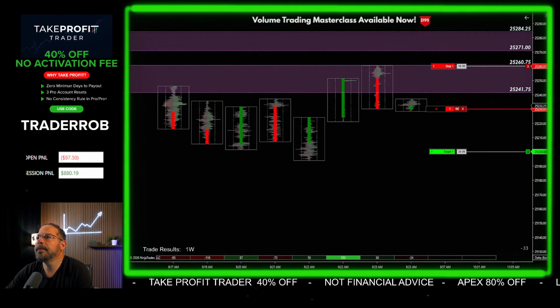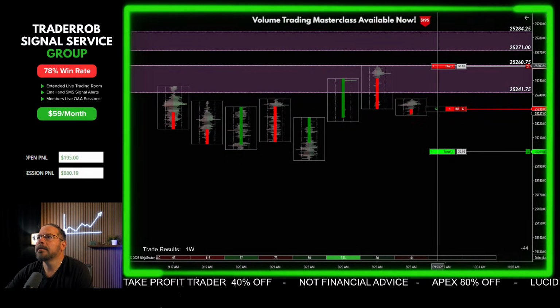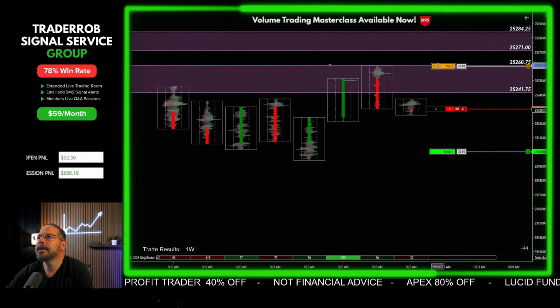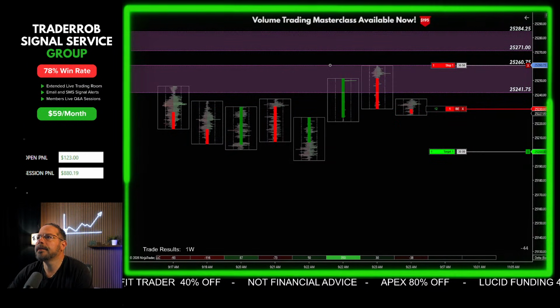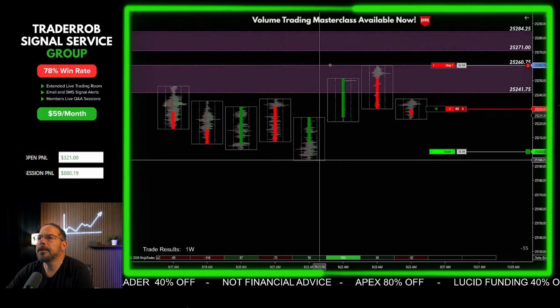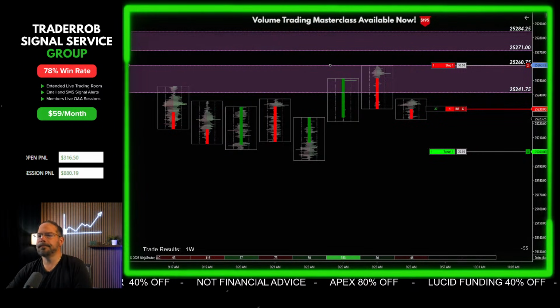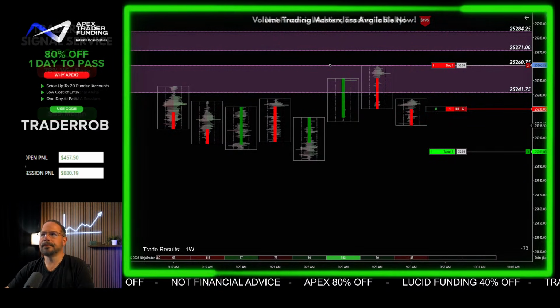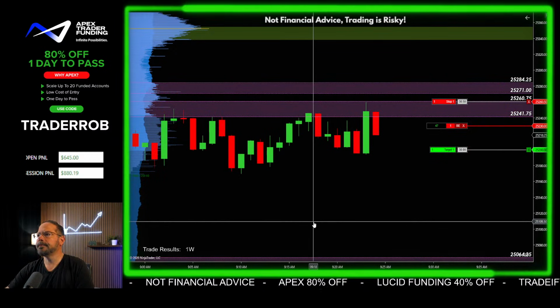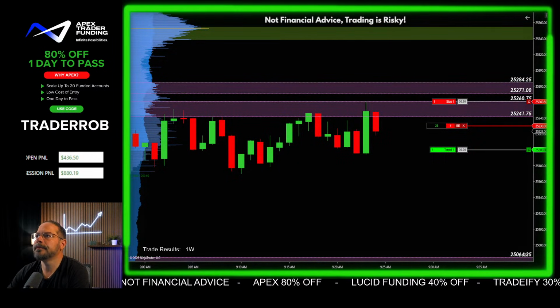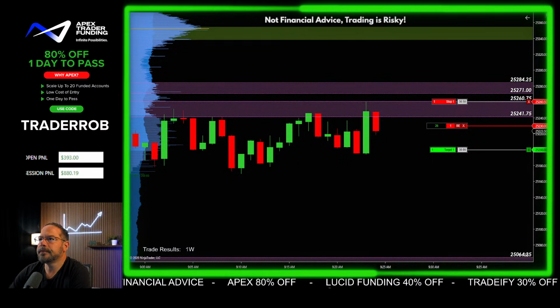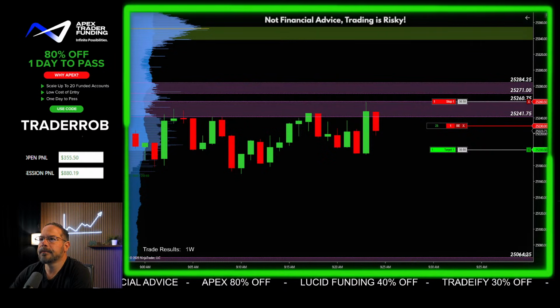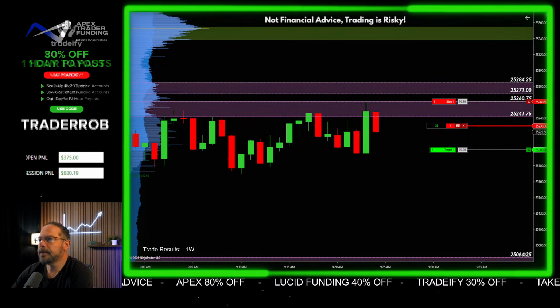All right, I'm in. Stop right above the candle right there. That looks good. Break of a low right here. I like it. See if we get some follow through here.